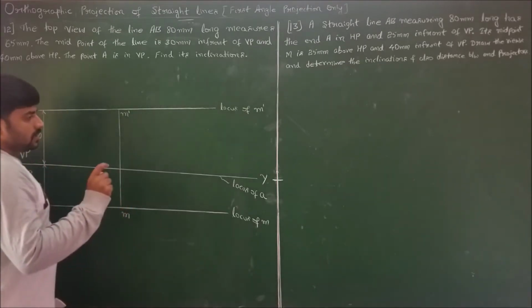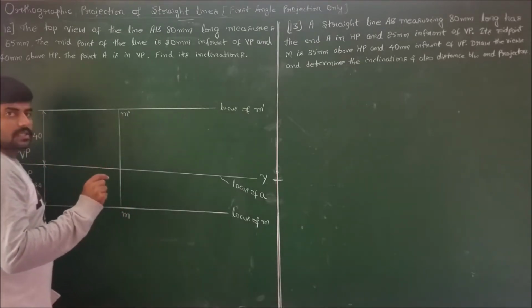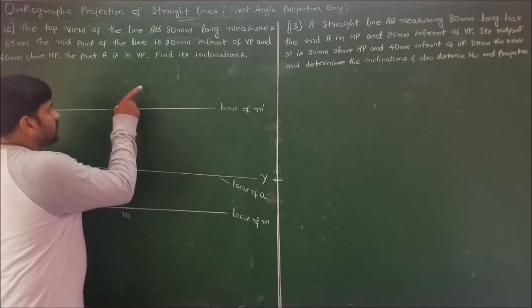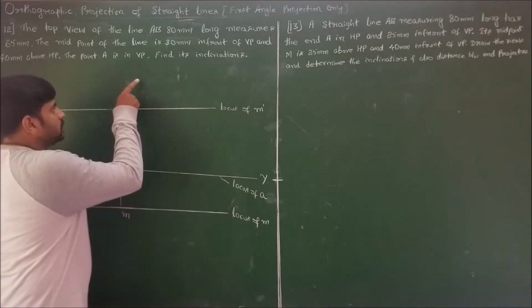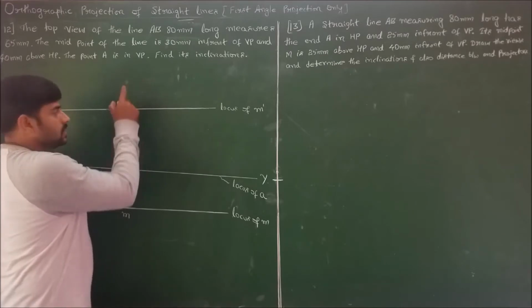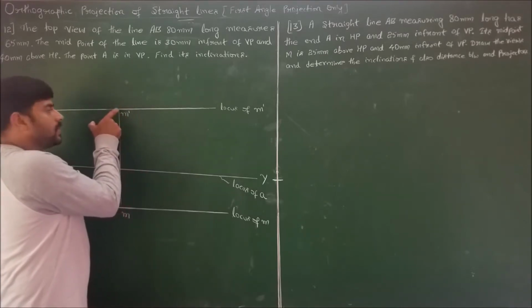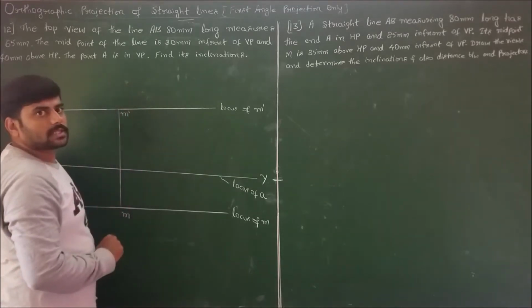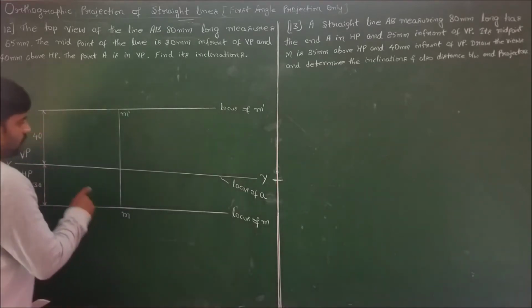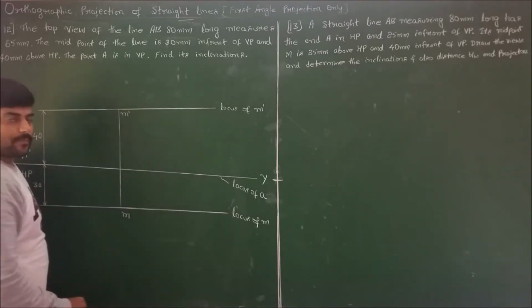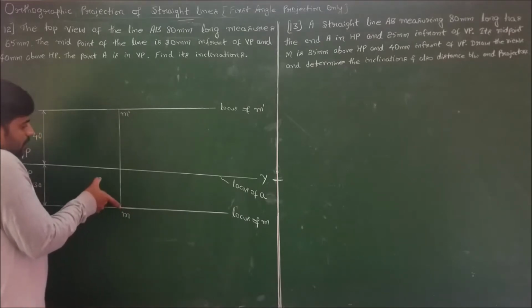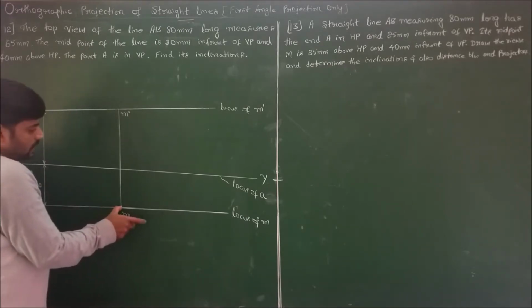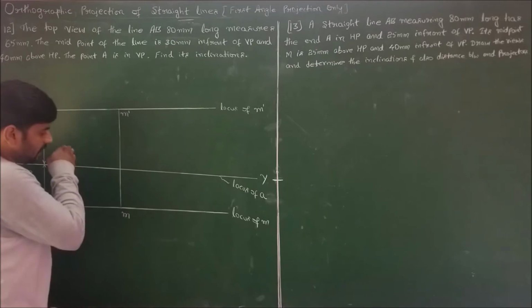Now the knowledge that we have is that half of the line, both true and apparent, should come in front of M dash and half of the line, true and apparent, should come behind M dash. Since we know the locus of A, half of the line AB should come behind M, half of the line should come in front, and it is a straight line.